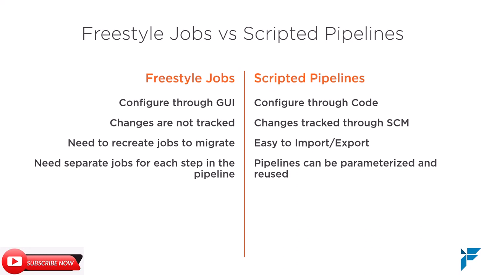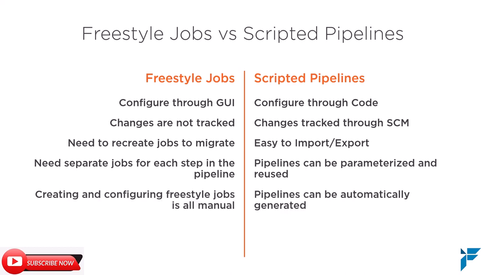With scripted pipelines, all of that's built in, and you have the additional benefit of being able to parameterize these scripts and using them for different applications so long as they share similar build steps. We'll go into that later in the course as well. And finally, creating and configuring freestyle jobs is a very manual process.